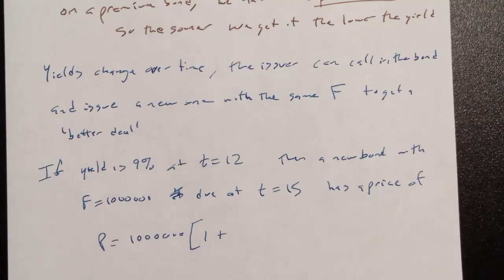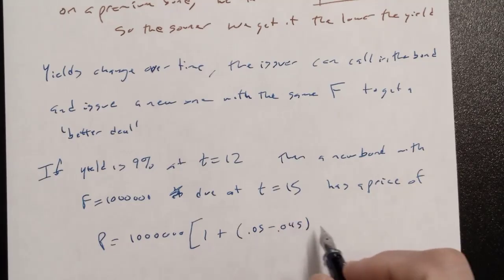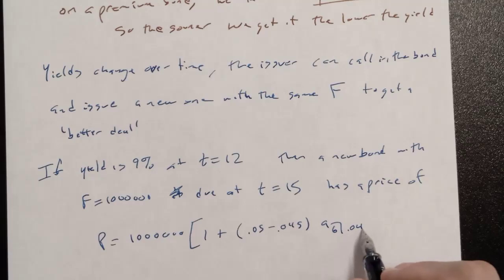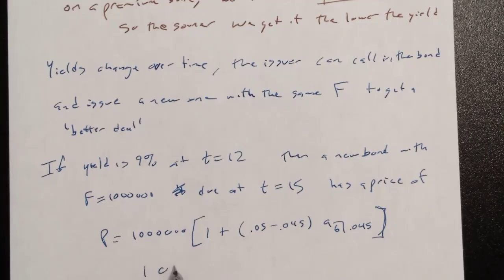So that's R minus J, 0.05 minus 0.045. A of 6 payments at 0.045. What's this value? $1,045,789.36.